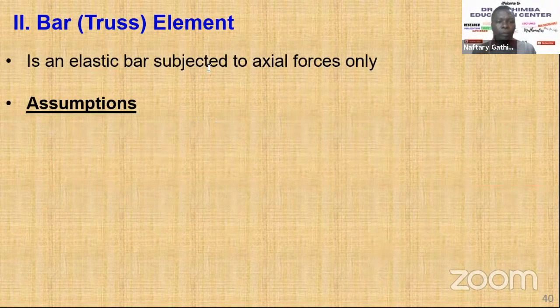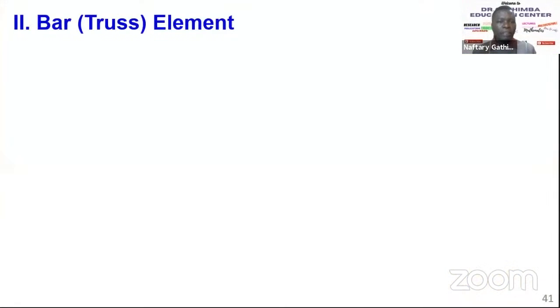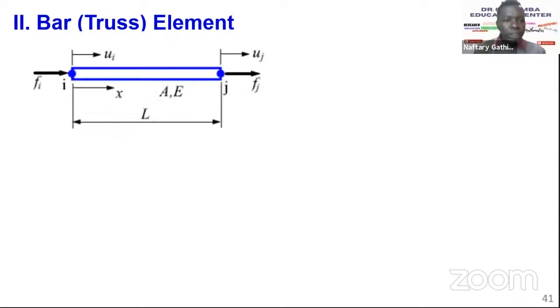So let's see now, we want to start developing or formulating the finite element equation for this element. Consider a case where we have a uniform prismatic bar. The cross-section could be changed: we could have a rectangular prism, a circular prism, or another type of prism.